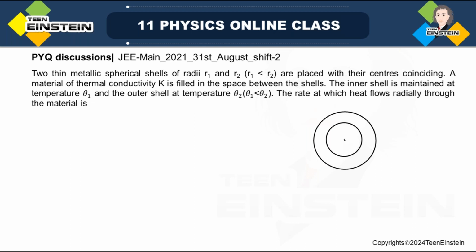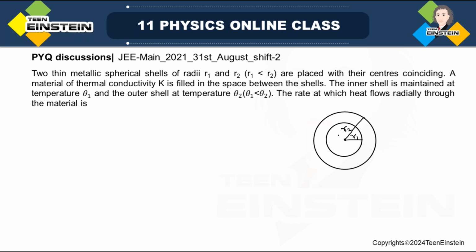So just suppose there are two metallic spherical cells. Since R1 is less, let me take this one having radius R1, and the outer cell has radius R2. These are two spherical cells and their centers are coinciding.